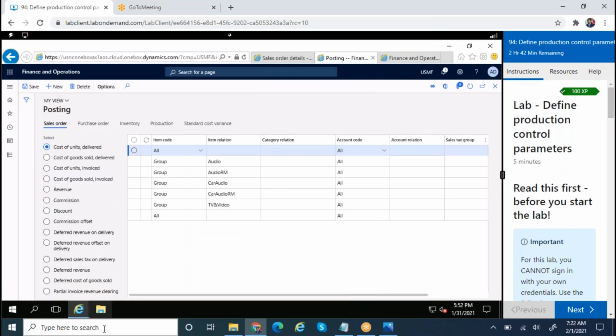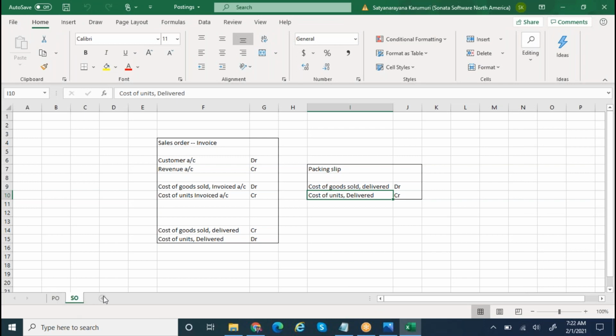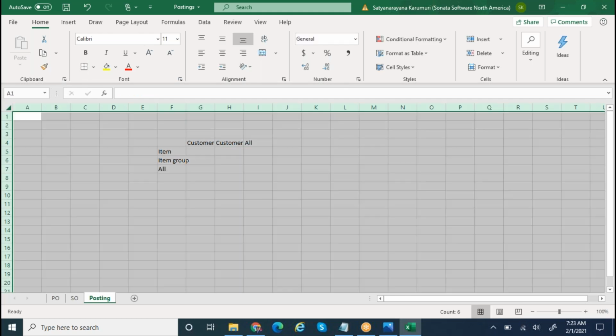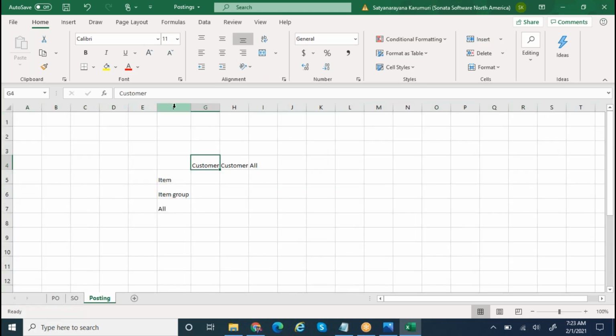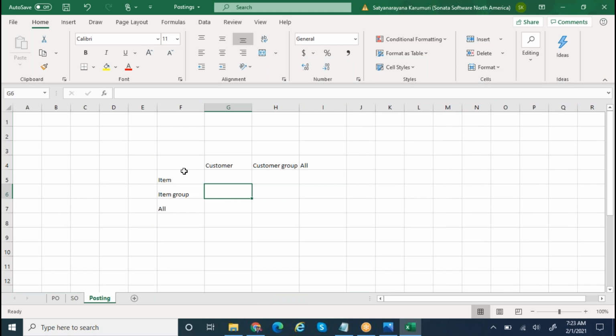Otherwise, we'll use the same function, like the same Excel file. Then this is first priority.